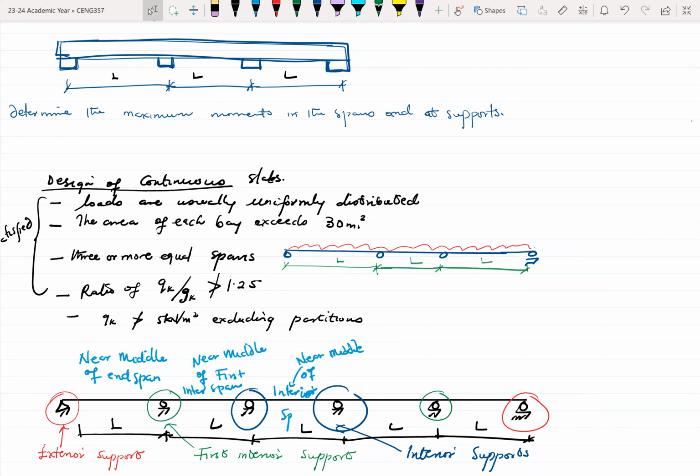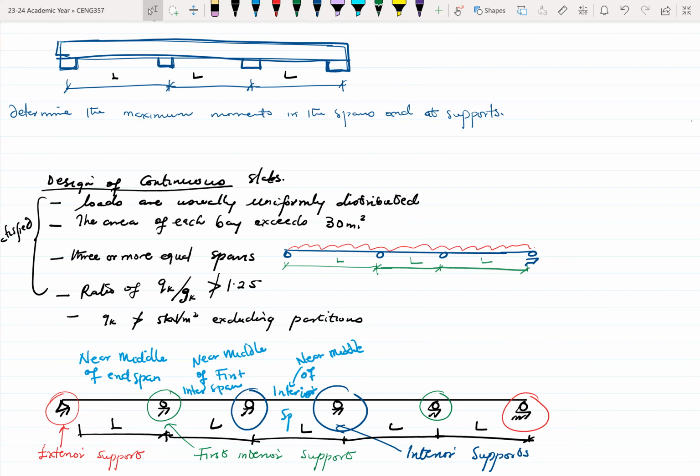So the area of each bay should exceed 30 meter squared. And it should have 3 or more equal spans, at least 3 spans which are equal. And also when you find the ratio of the characteristic imposed load to the characteristic dead load, it should be at most 1.25, or it should not exceed 1.25.